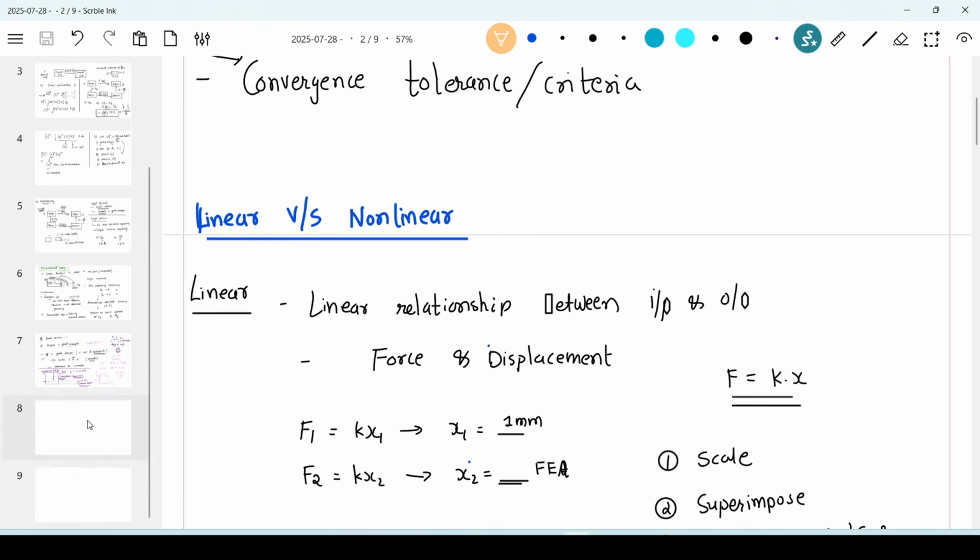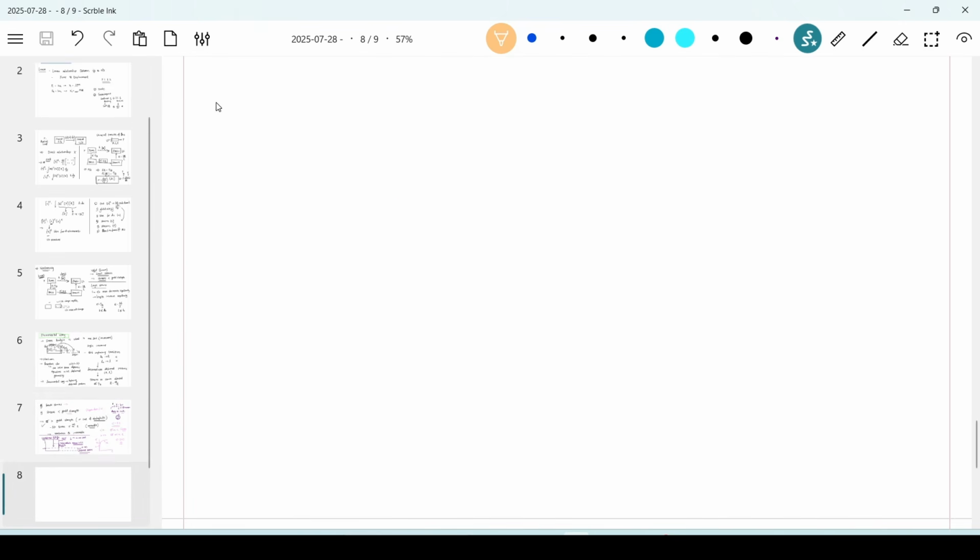Let me give some examples. The rubber, tires, tire analysis where you have rubbers, those are hyperelastic materials. So this is a sigma epsilon curve, which is something like this. So this is a non-linear relationship; sigma and epsilon are not proportional, there is no linear relationship.